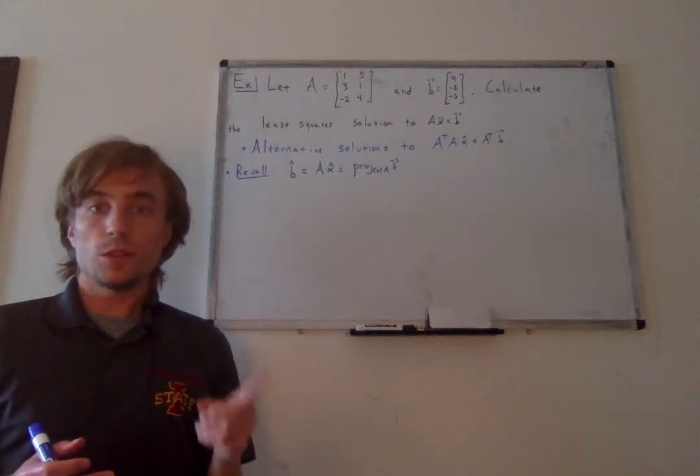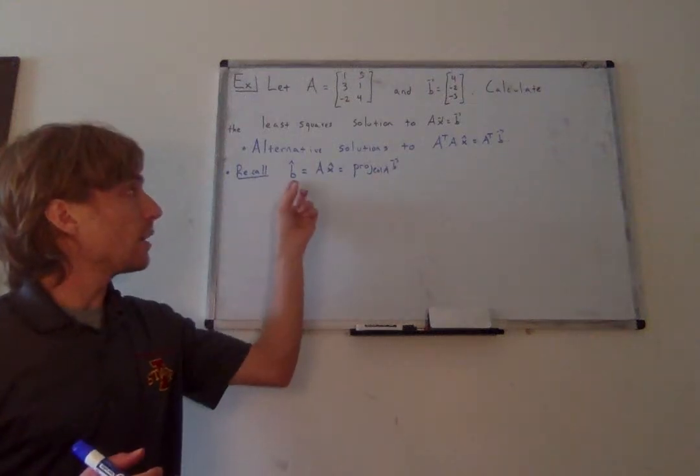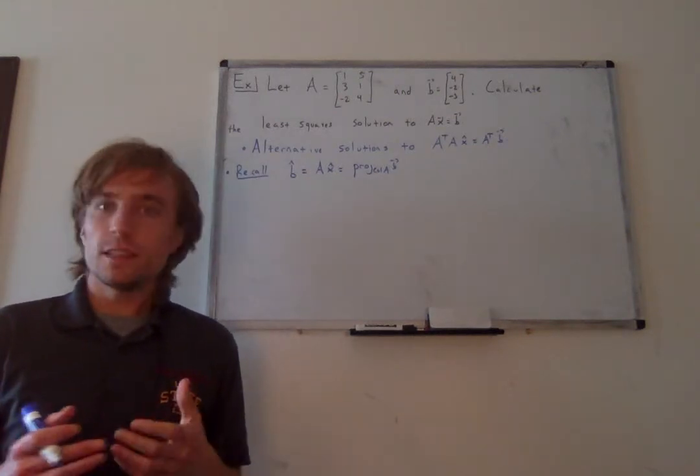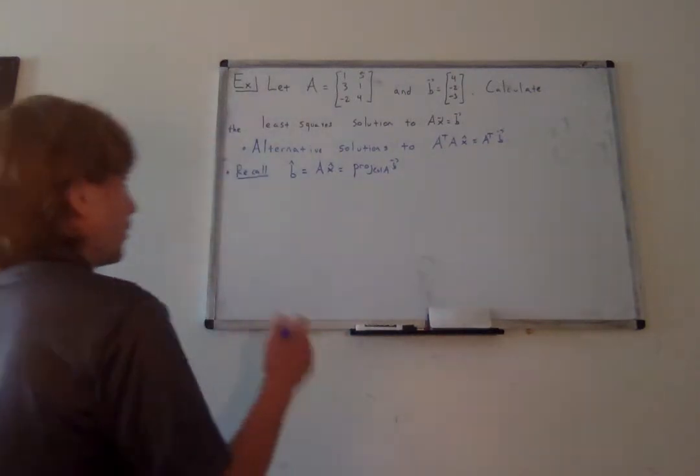But if the columns of A are already orthogonal, then calculating this vector b hat and later x hat tends to not be so involved.